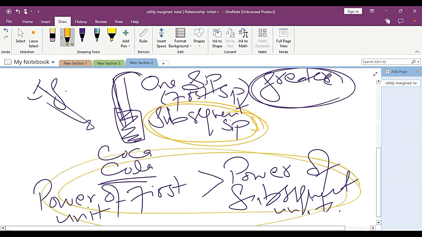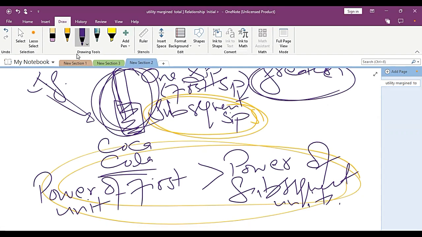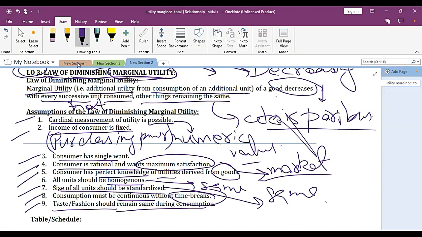This law is known as the law of diminishing marginal utility. The assumptions we have studied are that there should be continuous consumption, there should not be time breaks, all units should be the same, and the user has perfect knowledge of the market.